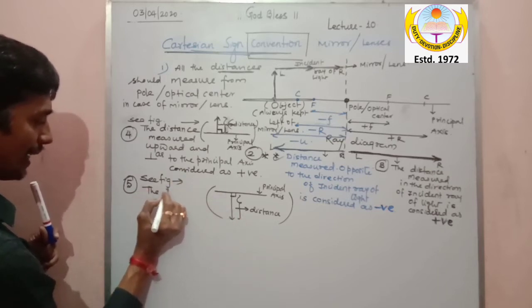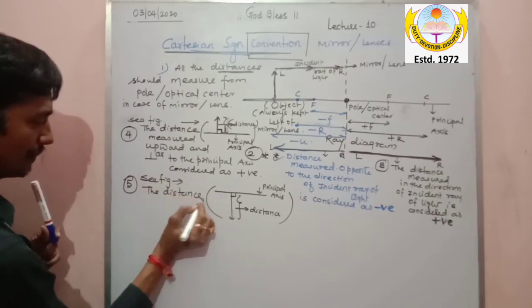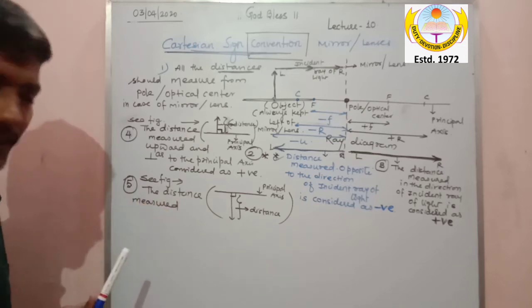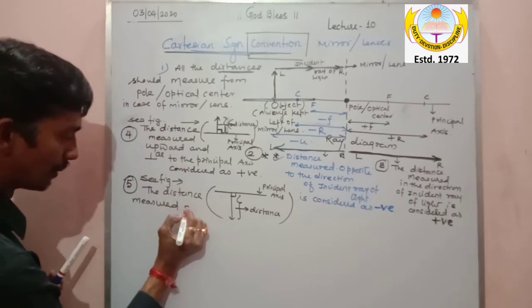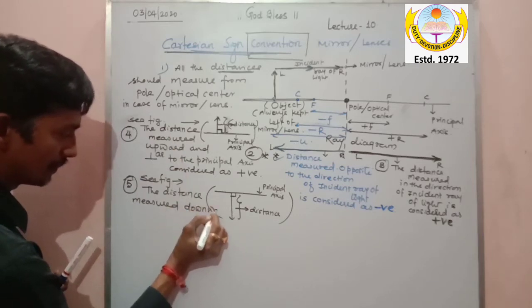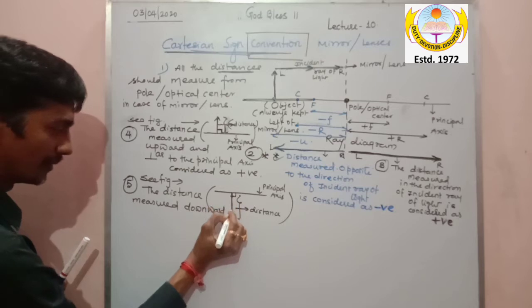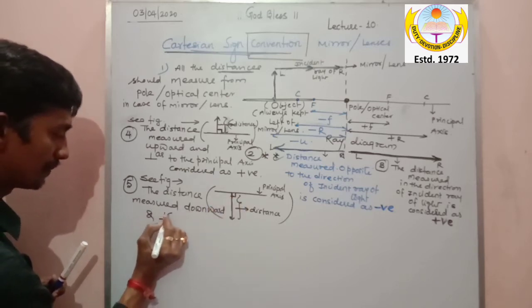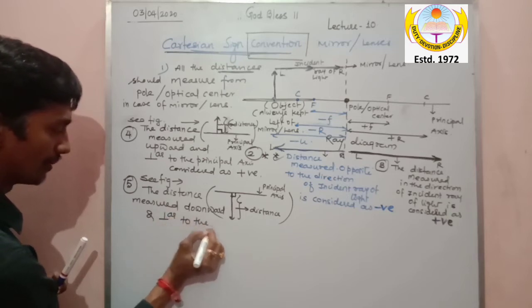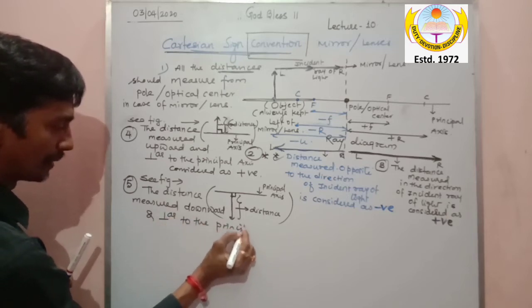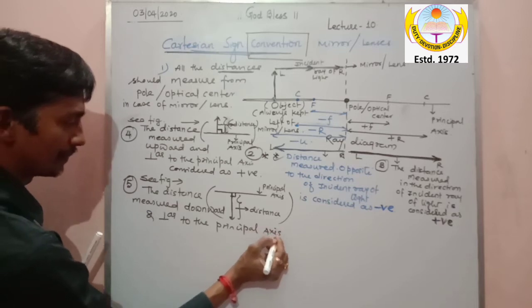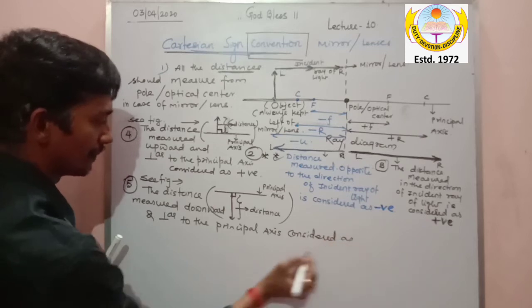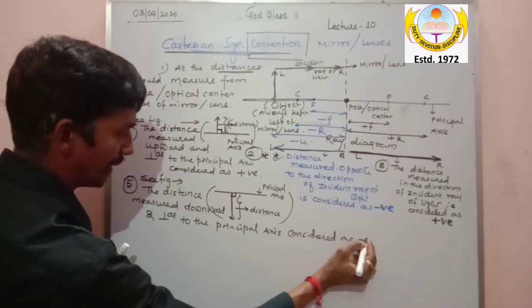Same thing, the distance is measured downward, here it is downward and perpendicular to the principal axis, and it is considered negative.